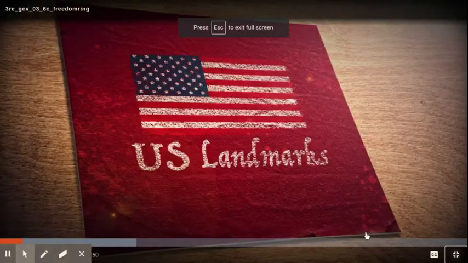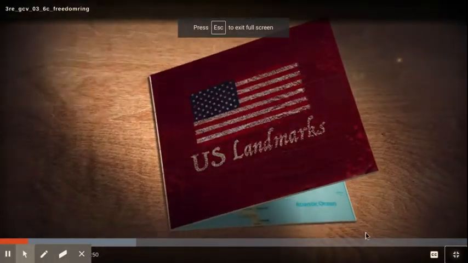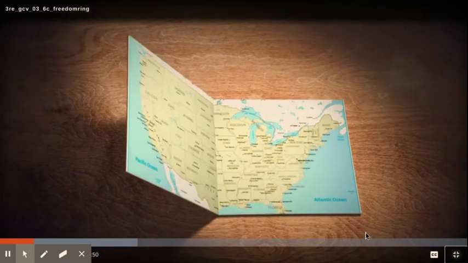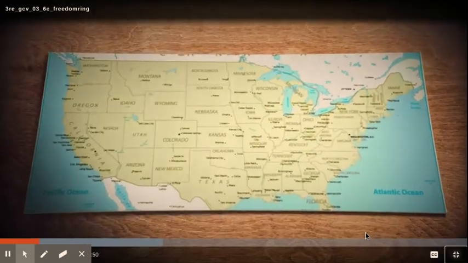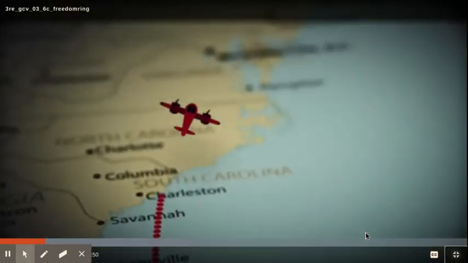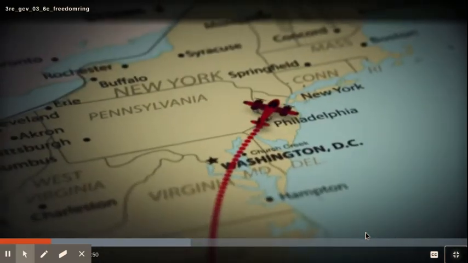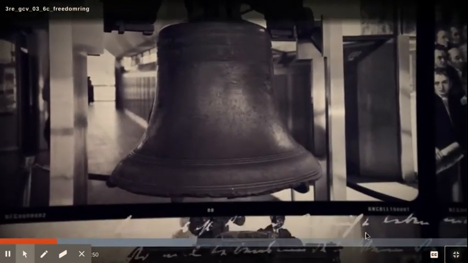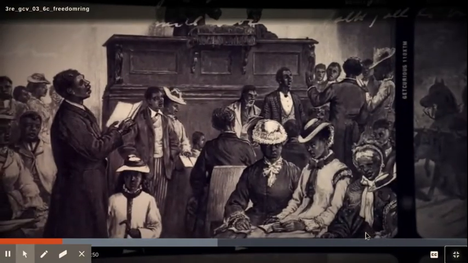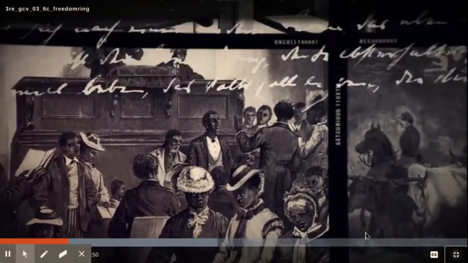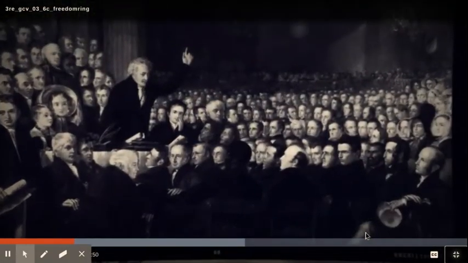Let's take a trip. Touring the landmarks and monuments of the United States can teach us about the ideals our country values. First stop, Philadelphia. The Liberty Bell was first used to call the citizens of Philadelphia to civic events, like town meetings.